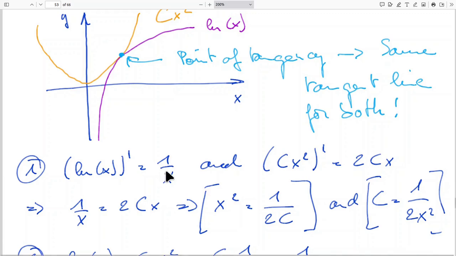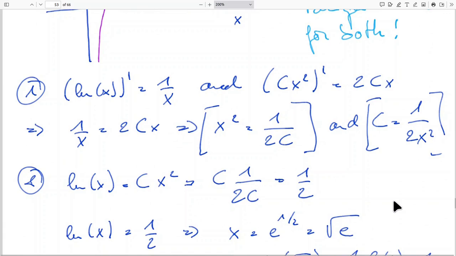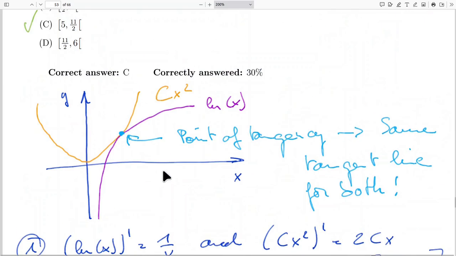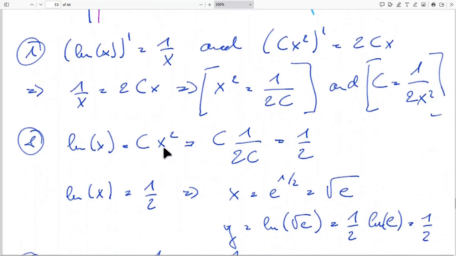So that has to be the same because it's the same tangent line. So 1 over x must be equal to 2Cx, or x squared is 1 over 2C, or otherwise C is 1 over 2x squared. Now we know it's a point of tangency, so the original functions are the same too.